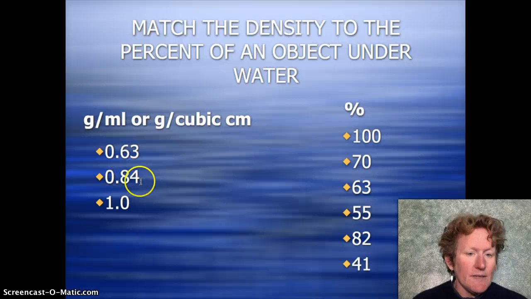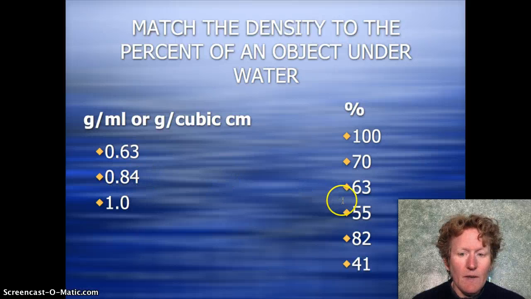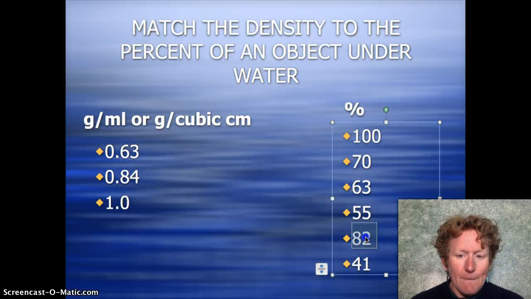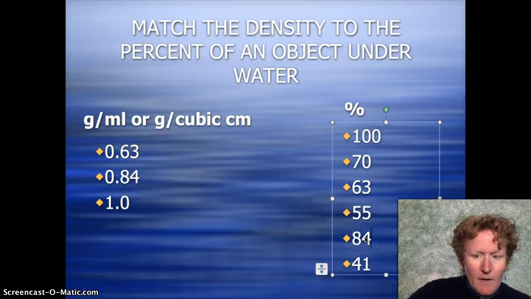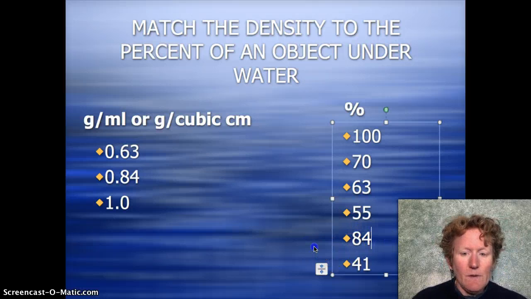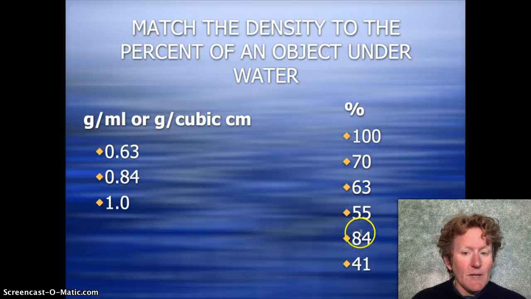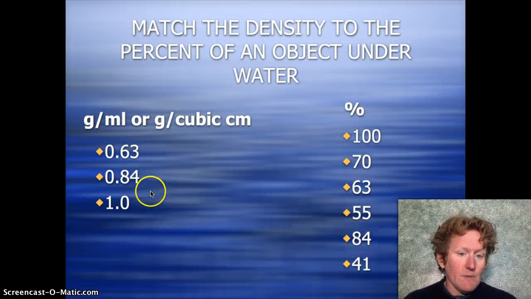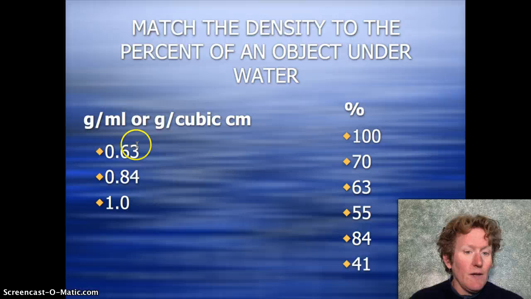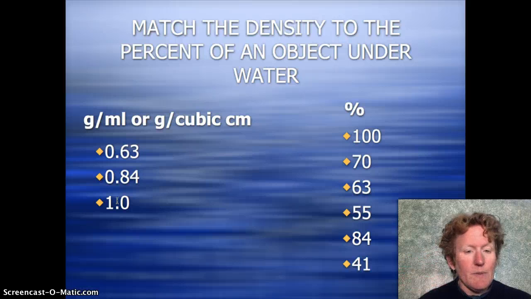If you have a density of 0.84, that's a little bit more, and 84% of that object, more of this object, is going to be underwater than of here, because this one's denser. And if your density is 1.0, you're going to be 100% underwater.